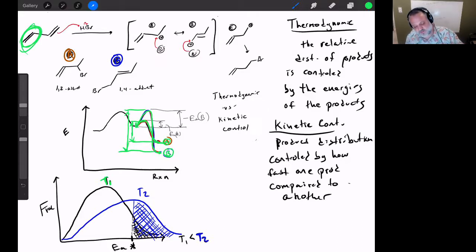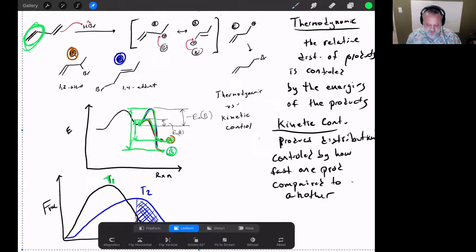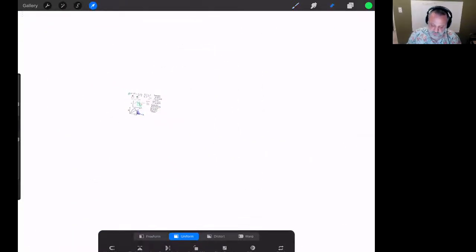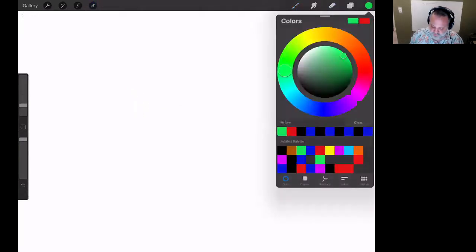But let's take a look at an example where I would have to deal with a different set of products because it wouldn't be symmetrical. And so I think this is the example that I used before. It was this guy. And this is the one that I did a calculation on.